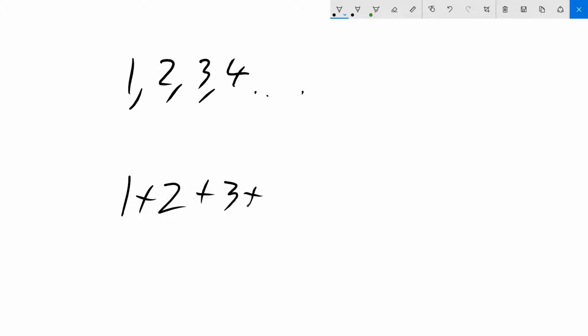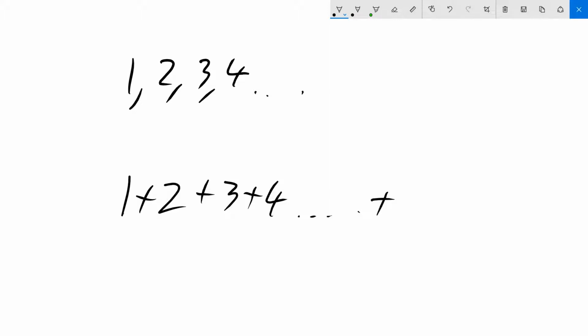So, if we have this sequence here onwards and we wanted to sum them all up, we want to add all of these together to a certain extent, to some point.